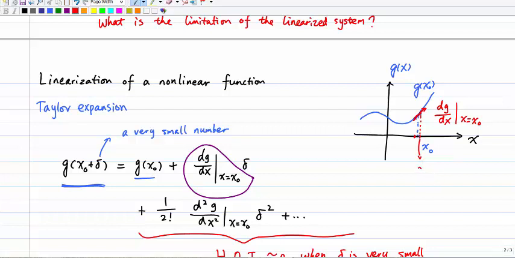This point is x0 plus delta, and this point that is on the function here is g(x0 plus delta). So this is the actual value.